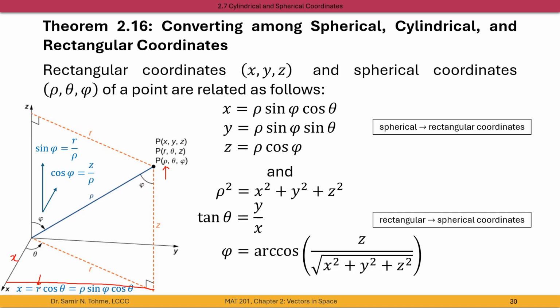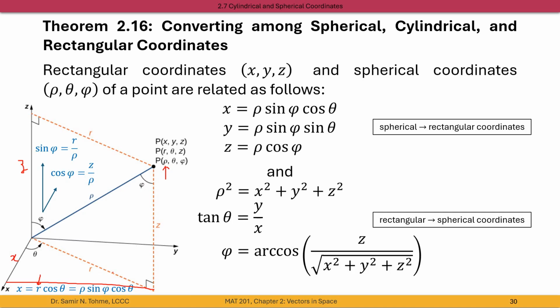So we need to replace r with another expression so we can write x in terms of rho and phi. From this triangle, because we now have a second angle in addition to theta, let's take this right triangle after projecting onto the z-axis. Now we know that this side is z, and this side is r, which is parallel to this side in this rectangle.